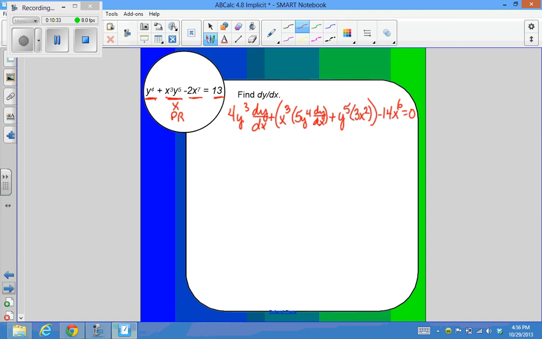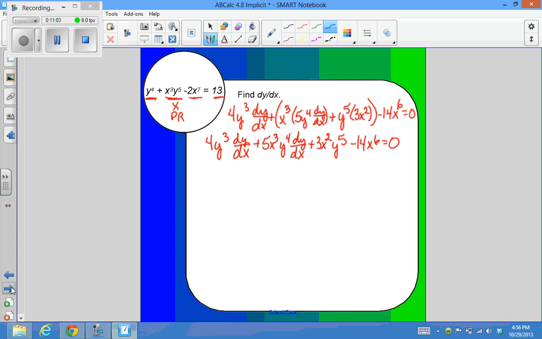Let's get it a little bit neater: dy dx plus 5x cubed y to the 4th dy dx plus 3x squared y to the 5th minus 14x to the 6th equals 0.